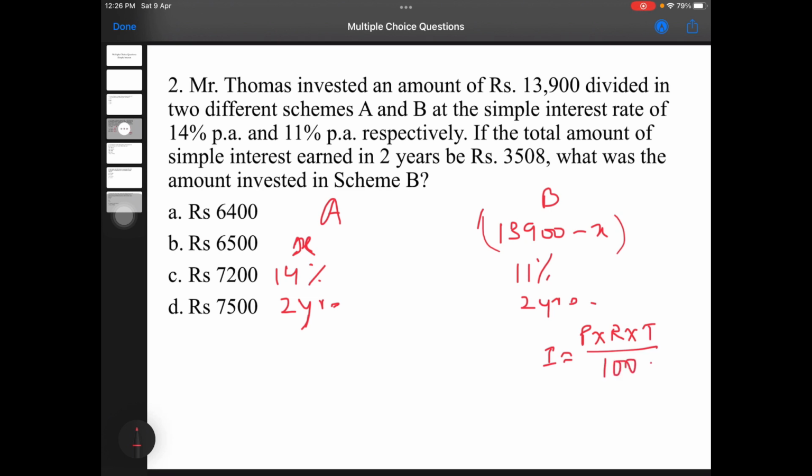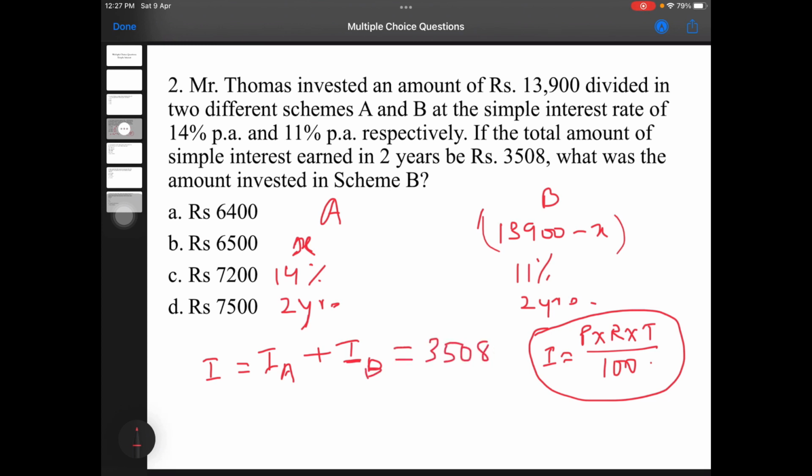Here we have to find the amount which he invested in B. In the second part of the question, it's given the total simple interest earned from both Scheme A and Scheme B. Let's say it's interest A plus simple interest B is equal to 3,508. This is the amount given in the question, the interest he earned from both Scheme A and Scheme B.